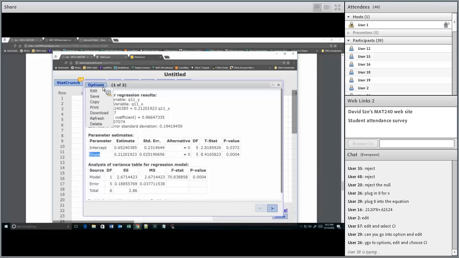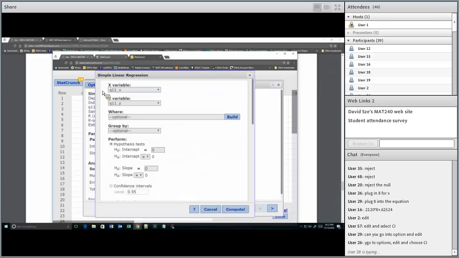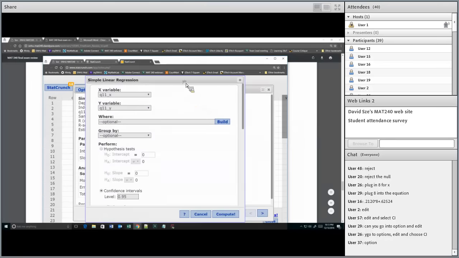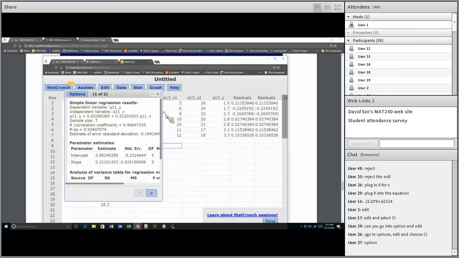Okay, Kimberly says edit, and choose confidence interval. Very good. Just choose the confidence interval instead of the hypothesis test. Choose this option, and my level has to be 90%. So I'm going to change this 95 to 90. Just hit compute.